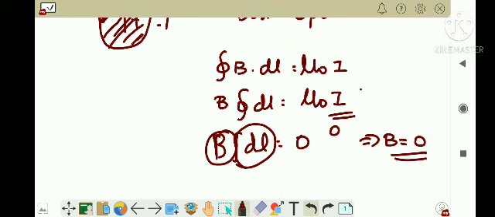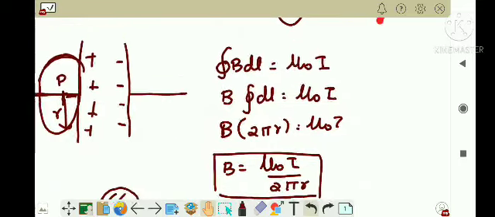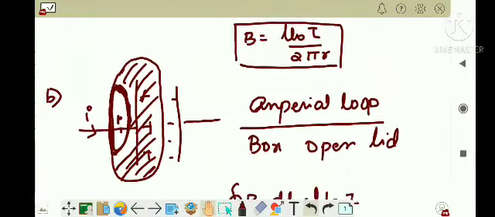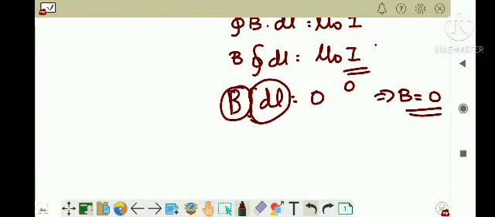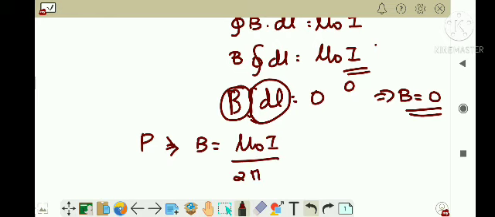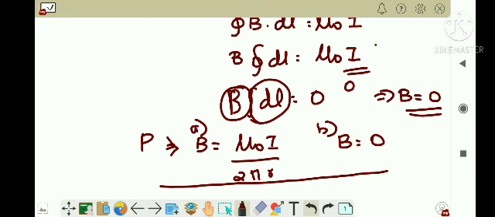Clear? So if B is equal to 0, see, we considered the magnetic field at the same point, the same capacitor, the same point P, and we found two different values for the same P. Initially P had the magnetic field mu 0 I by 2 pi r for the first case, but for the second case B is equal to 0. For the same point there are two values of magnetic field, which shouldn't exist. There should be only one value. So how did this happen?